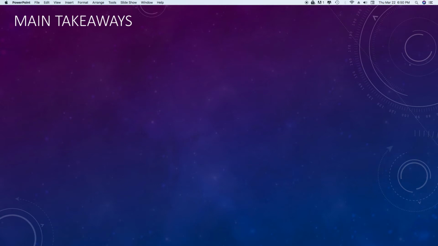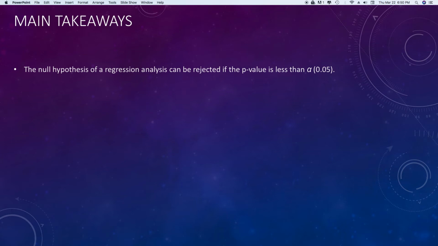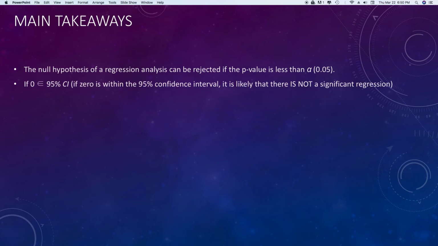So our main takeaways. The null hypothesis, as always, of a regression analysis can be rejected if the p-value is less than alpha, which is 0.05. If 0 is within the 95% confidence interval, it is likely that there is not a significant regression.